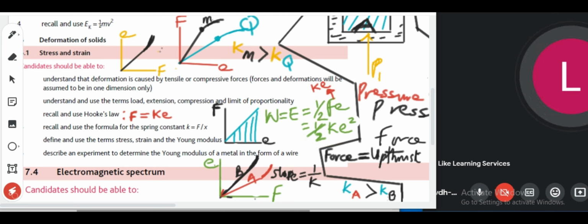So the energy stored in a spring or in a string is half Ke squared in terms of the spring constant, or half Fe in terms of the force and the extension, which is equal to half Ke squared in terms of the spring constant K, and of course the extension.